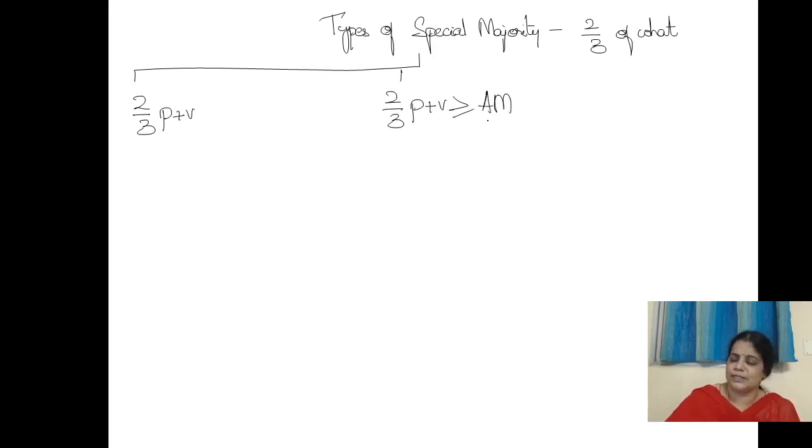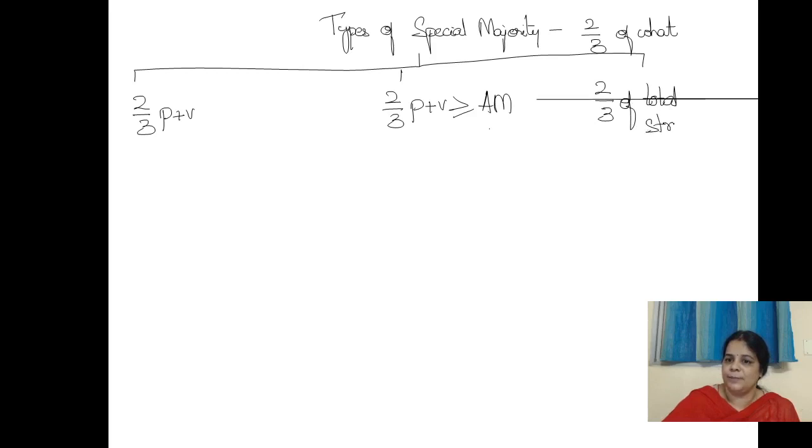Absolute majority is nothing but a majority of total strength of the House. In the Constitution, it will be written as 2/3 present and voting, not less than the majority of total strength of the House. And then 2/3 of total strength of the House. These are the three types of special majorities we use under our Constitution.